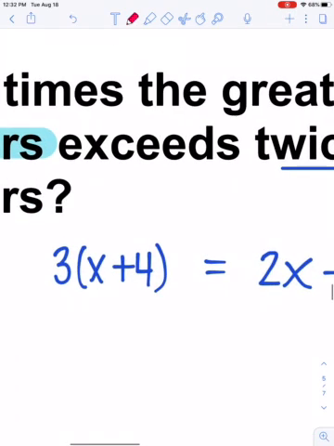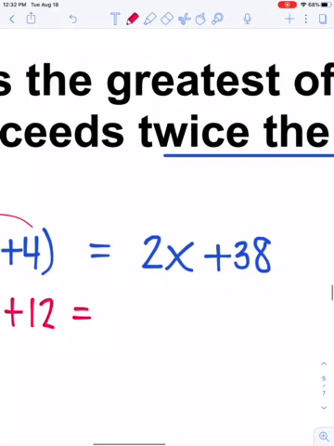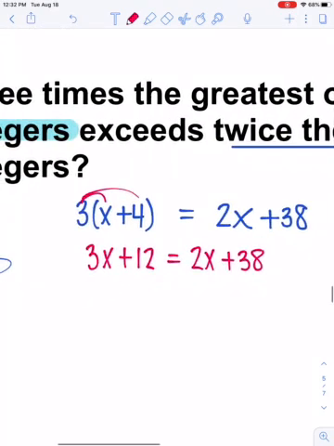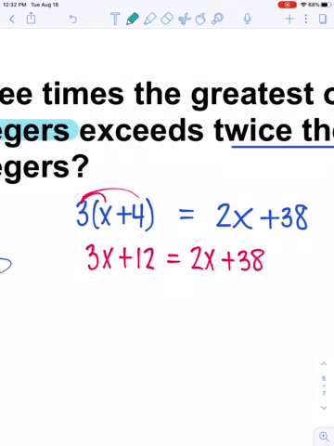So there's your equation. We see some parentheses, so we're going to go ahead and distribute to get rid of them. That gives you 3x plus 12. And then over here you still have 2x plus 38. You see x is in multiple places, so we'll go ahead and move the smaller one, which would be the 2x.